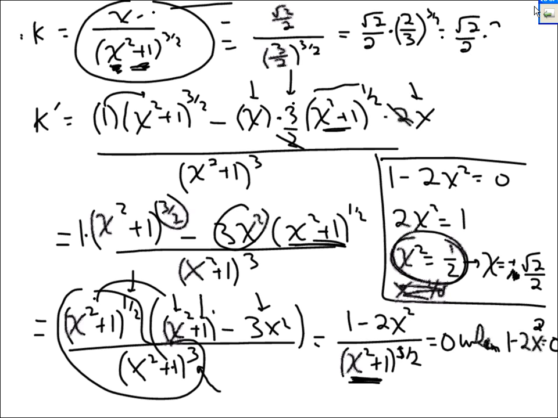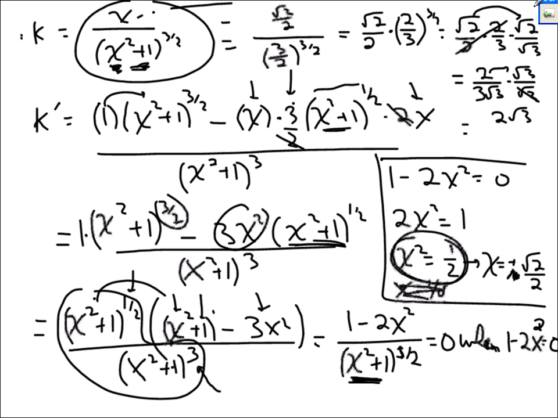Which means 2/3 times the square root of 2 over the square root of 3. The 2's cancel. Square root of 2 times square root of 2 is 2 over 3 square root of 3. Multiply top and bottom by square root of 3. You get on top 2 square root of 3.